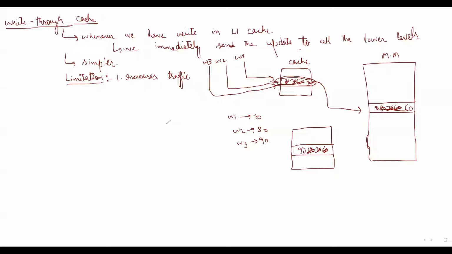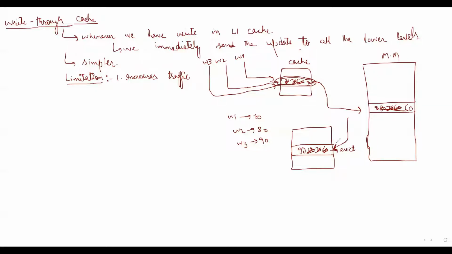The problem is if I evict this. Evict means I replace this particular entry, meaning I got some block from main memory and I want to write that block here.